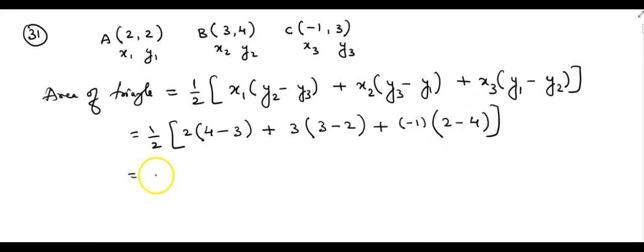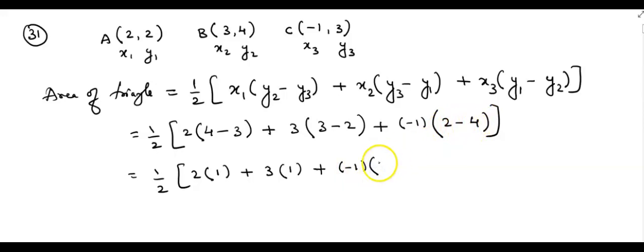Close the bracket. Now half into 2 into 4 minus 3 is 1, plus 3 into 3 minus 2 is 1. Next, plus minus 1 into 2 minus 4 is minus 2. Close the bracket.